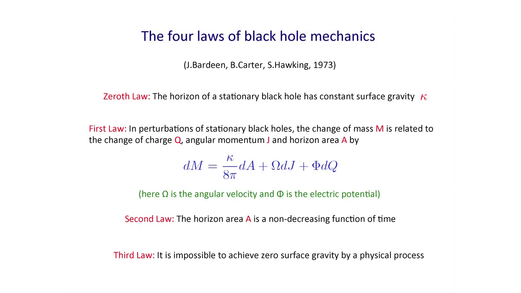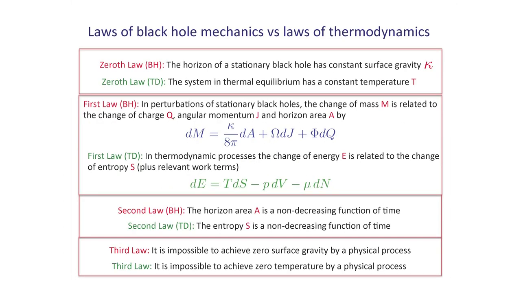So what you can do is compare these 4 laws of black hole mechanics with the laws of thermodynamics. And you find a remarkable coincidence, if you want, or maybe it's not a coincidence. The zeroth law of thermodynamics tells us that a system in thermal equilibrium has a constant temperature T. It's very similar to the zeroth law of black hole mechanics.